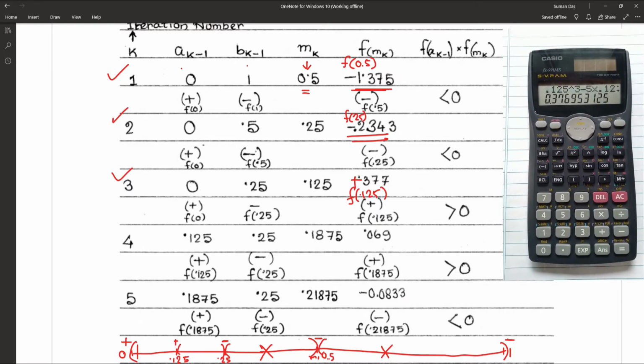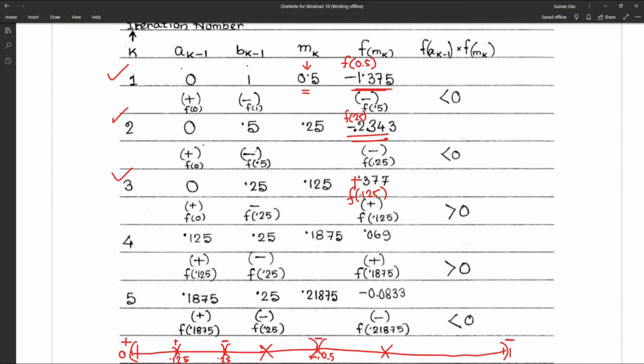At 0 it is positive and at 0.125 it is positive, so we reject that section. The new range is from 0.125 to 0.25.